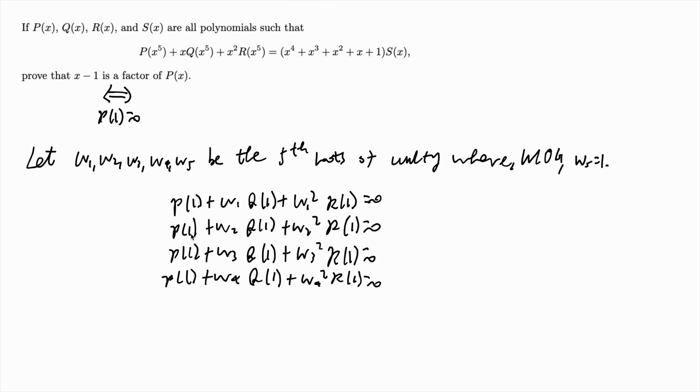Now notice that P of 1, Q of 1, and R of 1 are not constant. What I mean by they're not constant is that they keep changing. And the reason why they keep changing is because the problem did not explicitly define the values of P of 1, Q of 1, and R of 1.